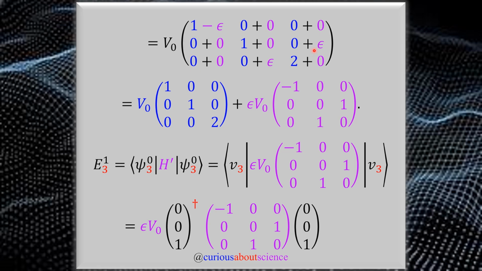And then, of course, everything in the purple has an epsilon, so we factor that out. Now you see, consequently, the two parts of the Hamiltonian. If you notice, this blue one was the exact one we found the eigenvalues of in the first part.